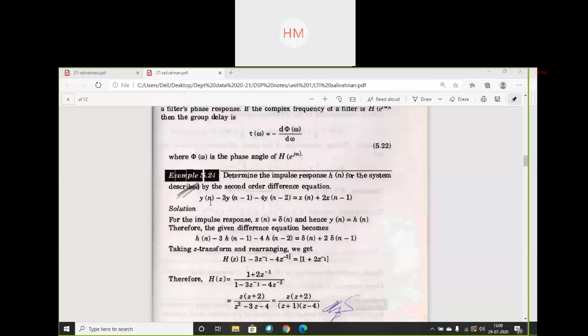You can first take the z transform of this equation, then take out the common terms of y of z and x of z. Divide y of z by x of z, you will get h of z. So h of z equation is 1 plus 2z inverse upon 1 minus 3z inverse minus 4z to the power minus 2. You got this answer or not?